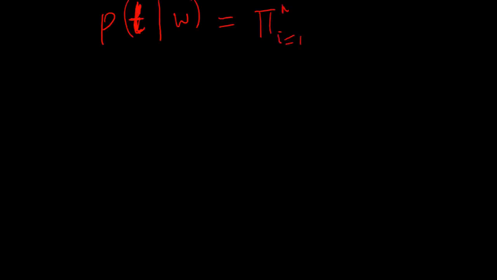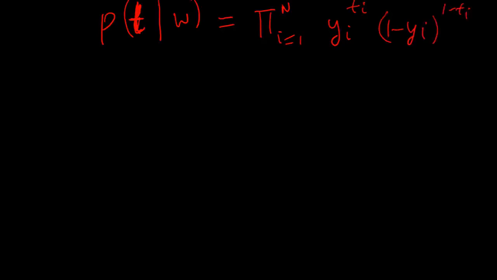to n, of the individual probabilities, and those individual probabilities are precisely what we outputted. The sigma of a that we had computed is actually the yi. We have yi only when t is equal to 1, so yi to the power ti, and then 1 minus yi to the power 1 minus ti.